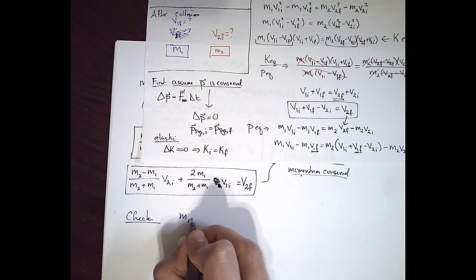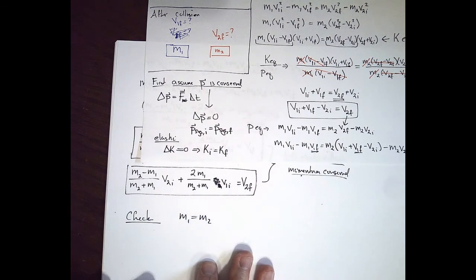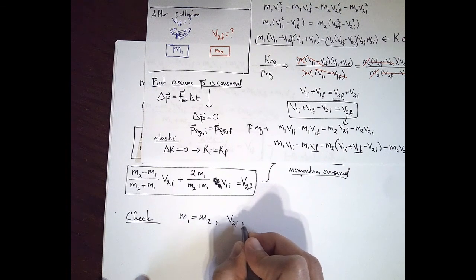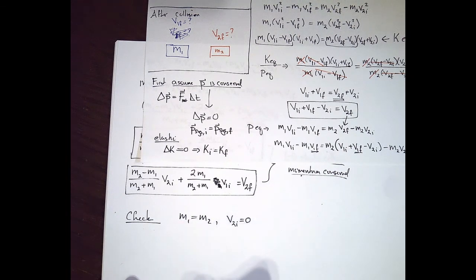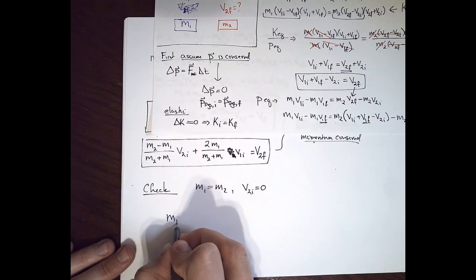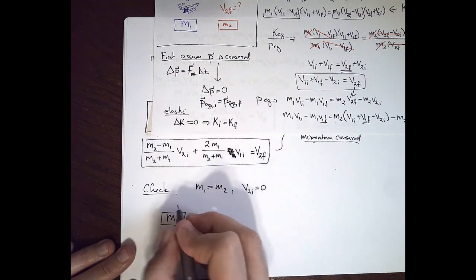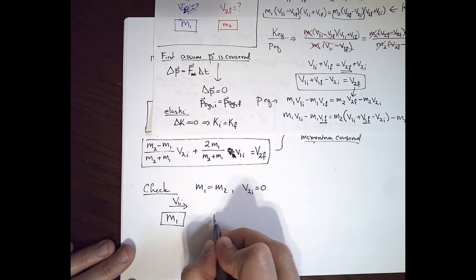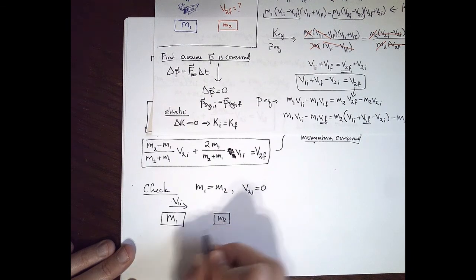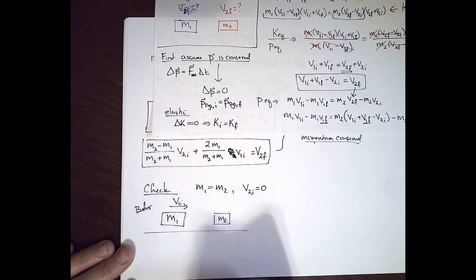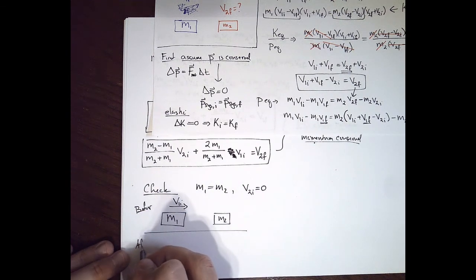If mass 1 equals mass 2, that is, they're the same mass, and initially the second mass isn't moving. So in that case, one mass is coming in this way with some initial speed, and it's going to hit a stationary second mass. And if the masses are equal, that'll be before the collision. What happens after the collision?